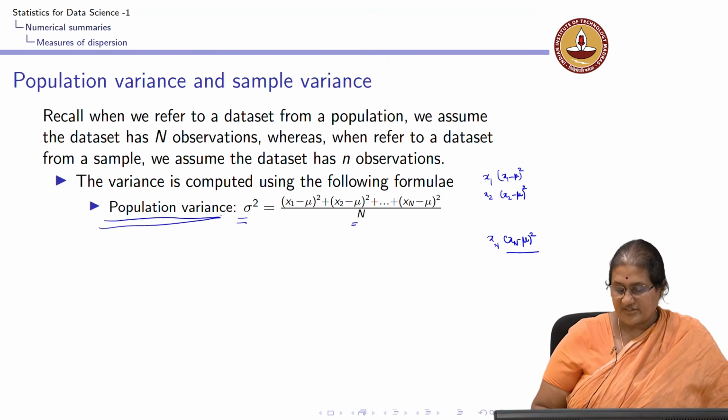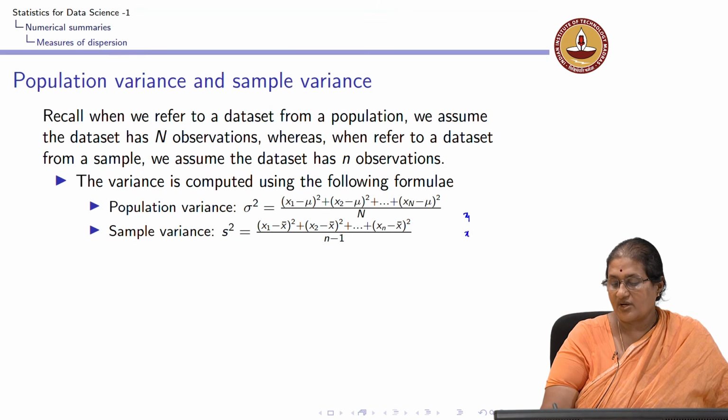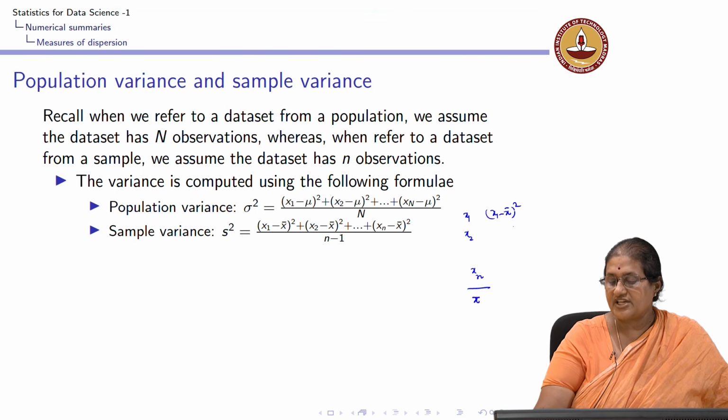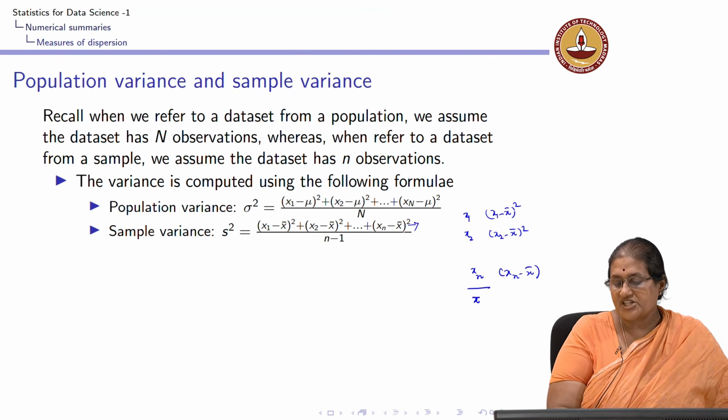However, when I talk about the sample variance, again I have x1, x2, up to xn, where n is my sample size, and the mean is given by x bar. I look at the deviations of each data point from the mean and square them, and the sum of the squared deviations is divided by n minus 1.